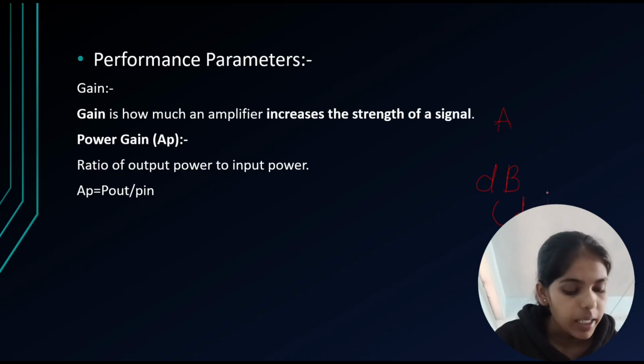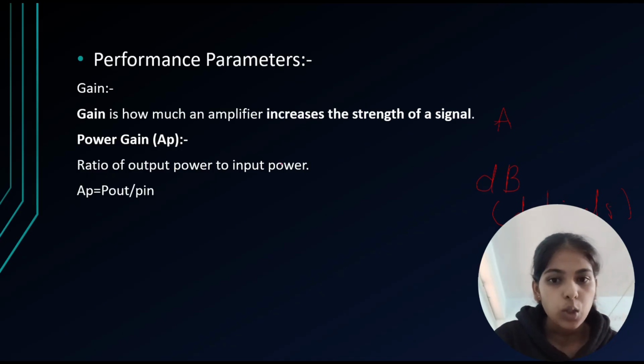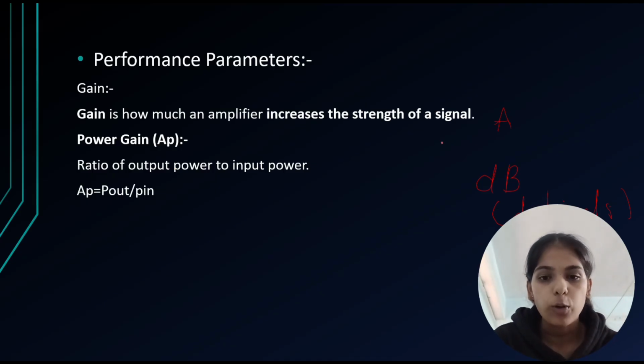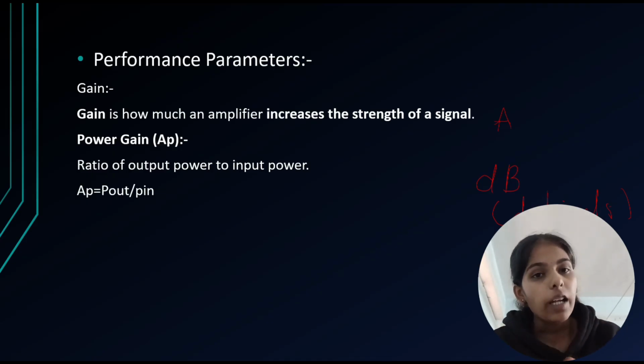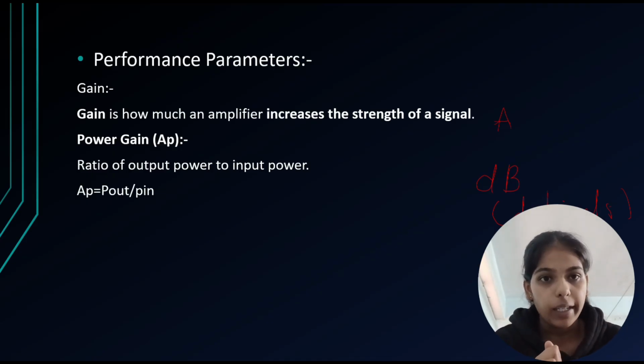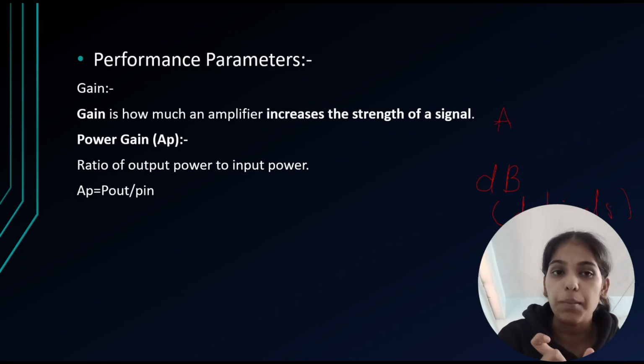dB means decibels. What does it mean? It is the ratio of output power to the input power. There are 3 types of gain: voltage gain, current gain and power gain.